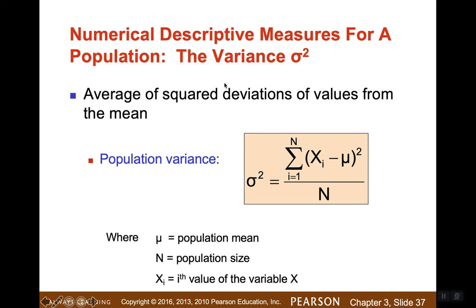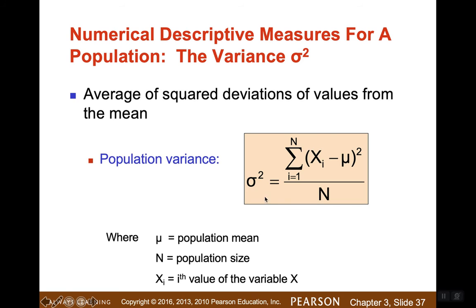If I want to calculate the variance of the population, it's the average of the squared deviation of values from the mean. So the deviation of values from the mean is each value minus mu, squared, divided by the number of values.